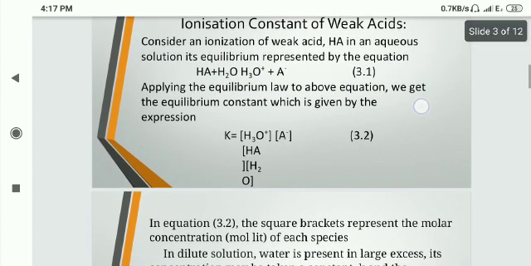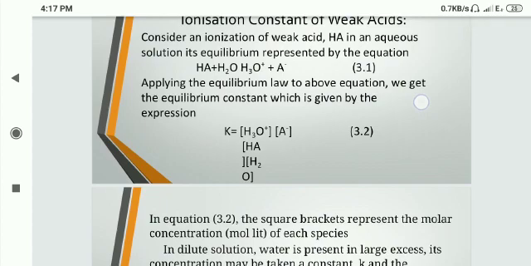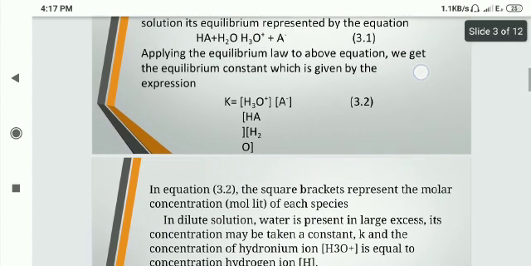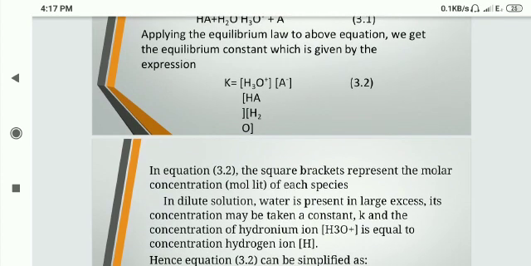In the equation, square bracket represents the molar concentration of each species. In dilute solution, water is present in large excess. Its concentration may be taken as constant, and this constant is denoted as K dash. And the concentration of hydronium ion is equal to the concentration of H plus ion.